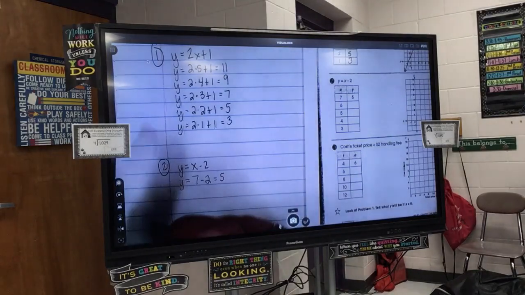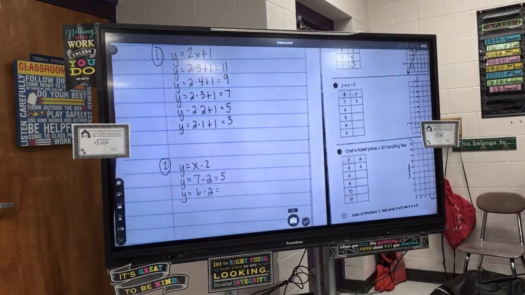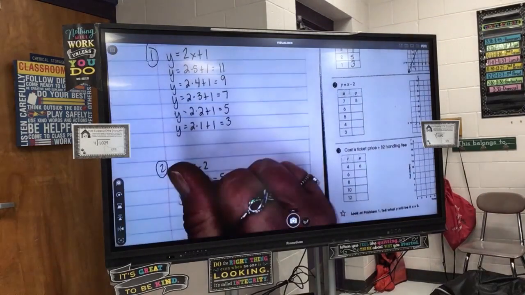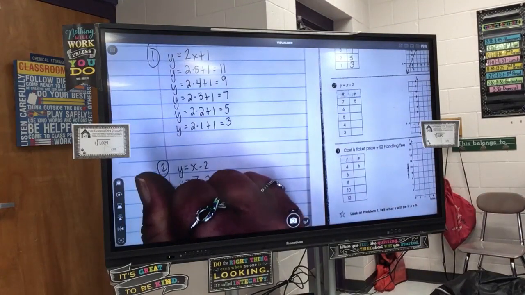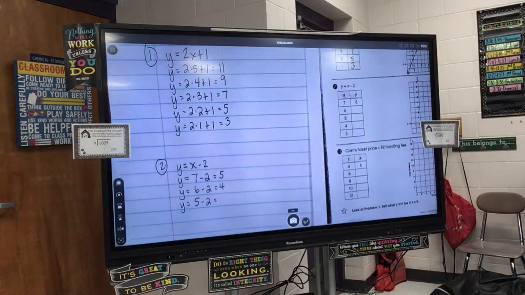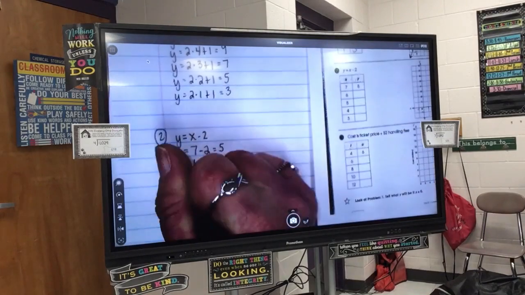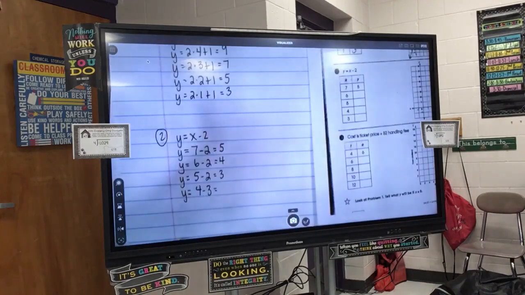All right, so the next one is y equals 6 minus 2. What is that going to equal? 4. y equals 5 minus 2. What does that equal? y equals 4 minus 3. What does that equal?